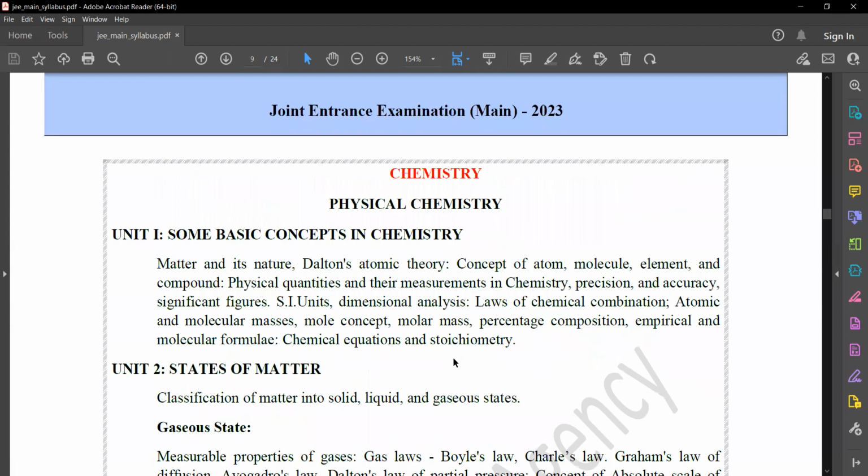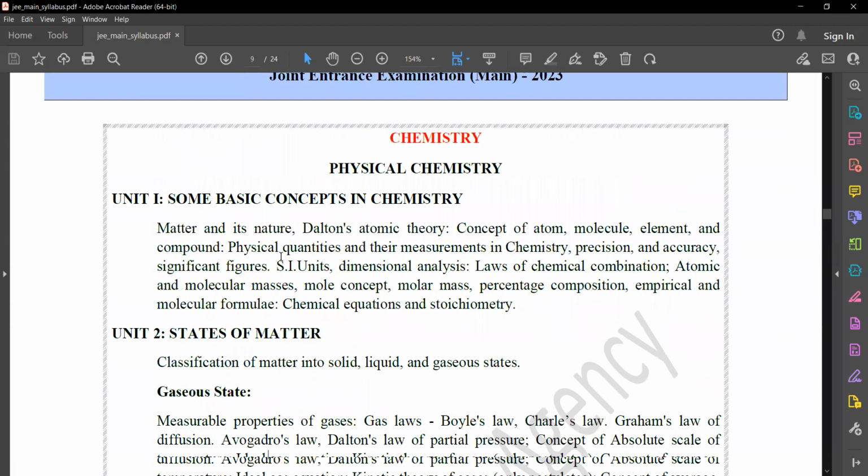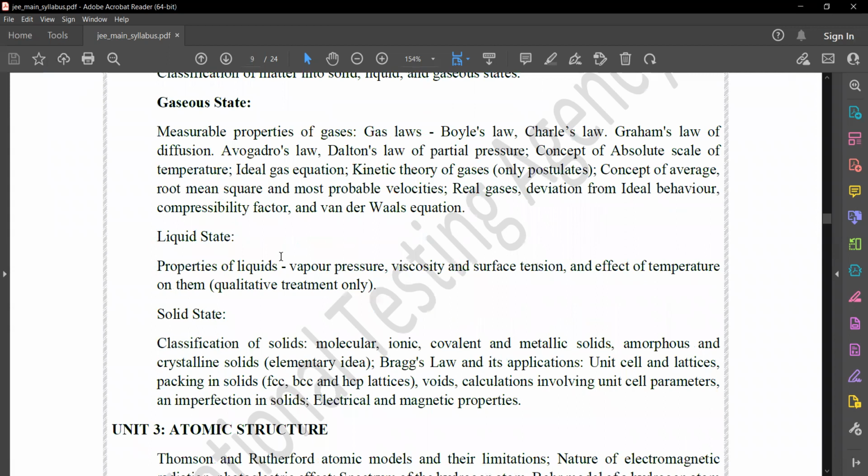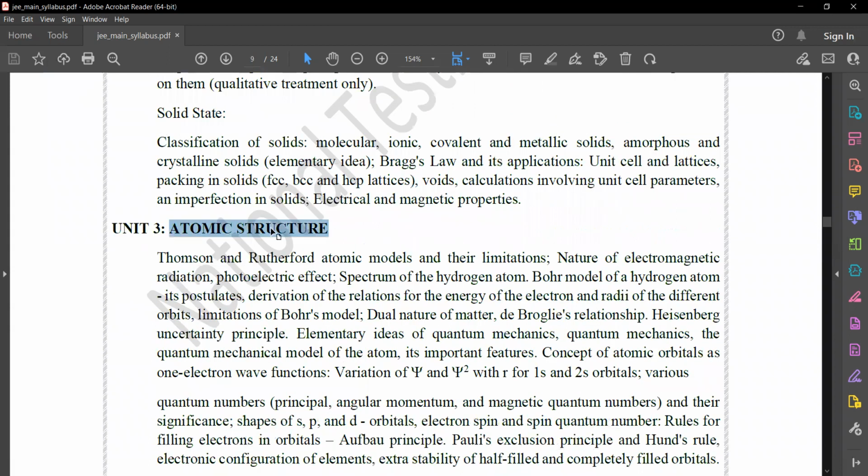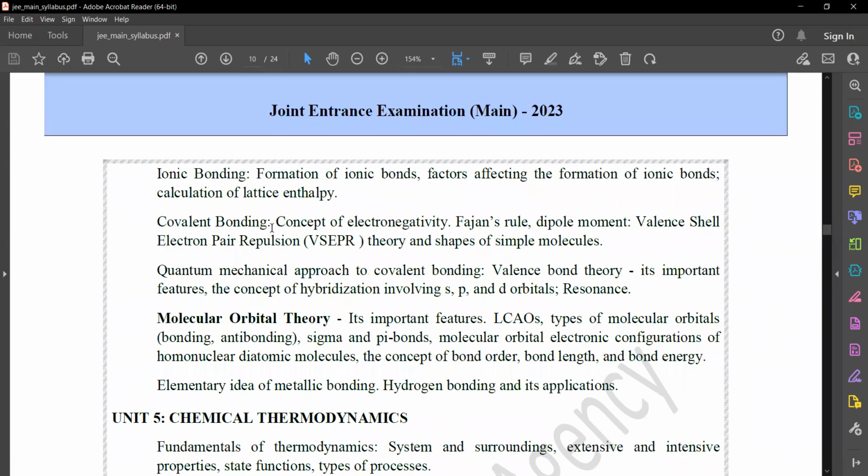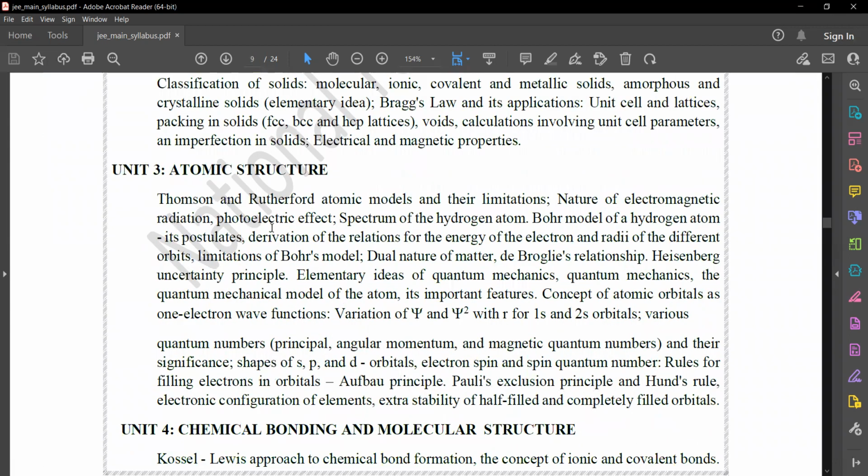Chemistry also: some basic concepts of chemistry, states of matter, atomic structure. Atomic structure and atoms are a little bit the same in both chapters.